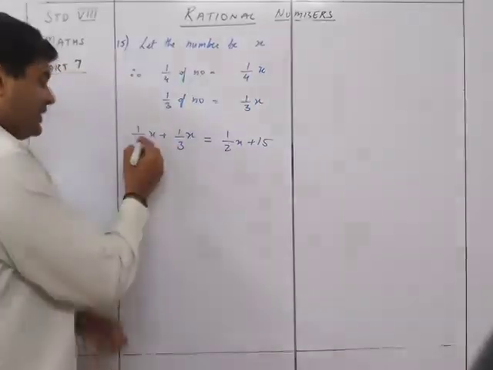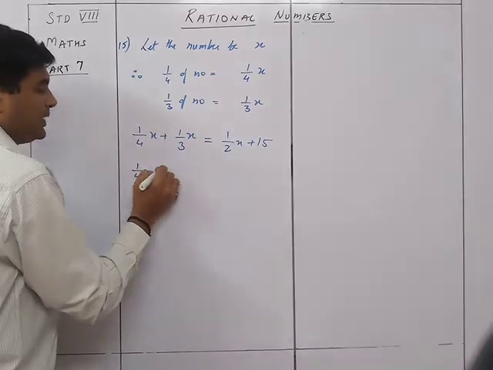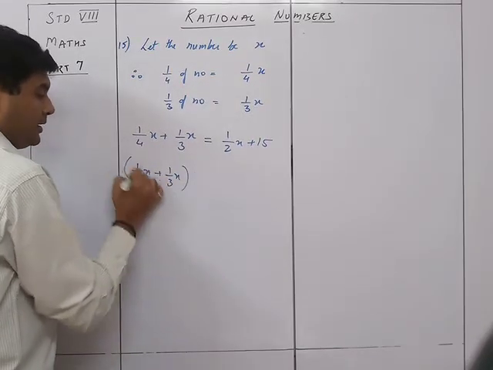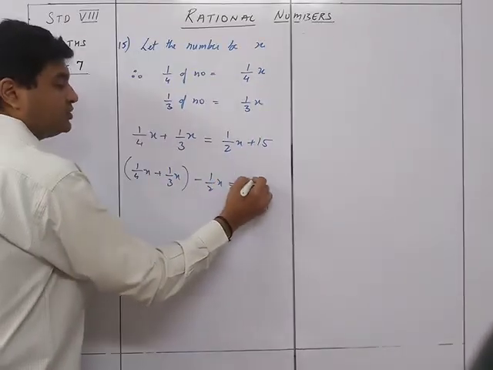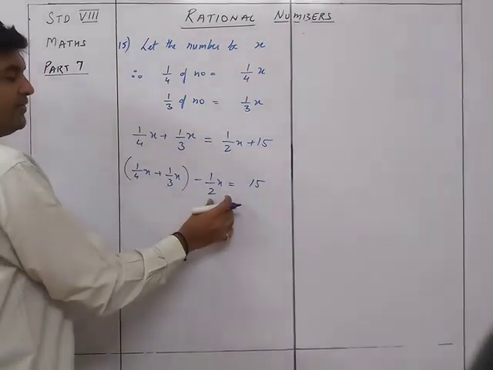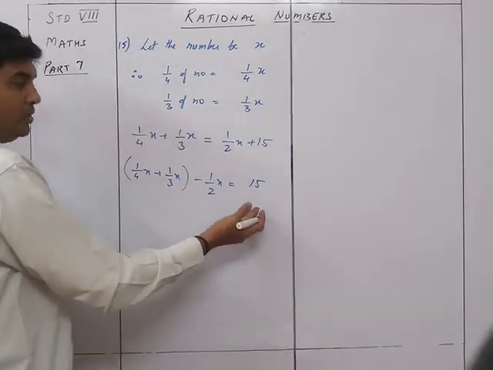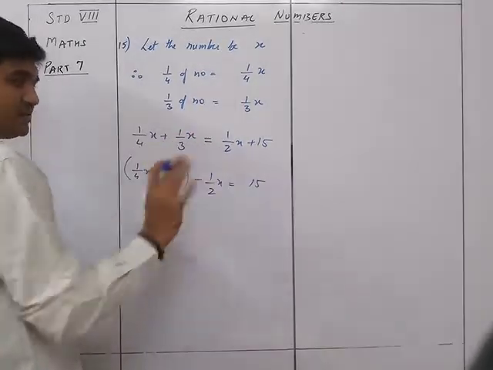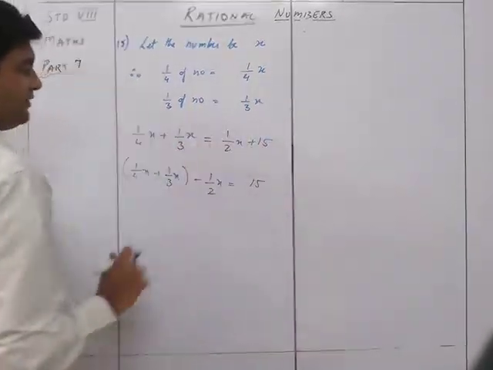I can also write it as 1 upon 4x plus 1 upon 3x minus 1 upon 2x is equals to 15, because the difference between the sum and half of the number is 15. Or you can put minus 15 on the other side, it's one and the same.